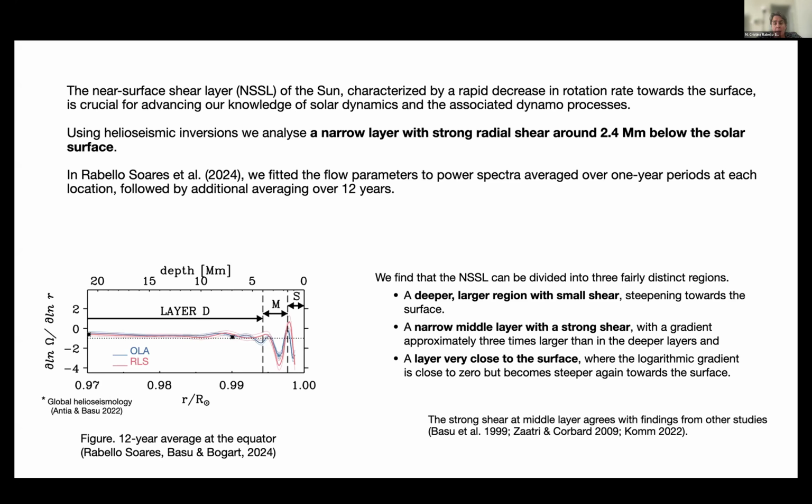This strong shear in the middle layer has been seen by other people, but I hope that with this work you have characterized it better.